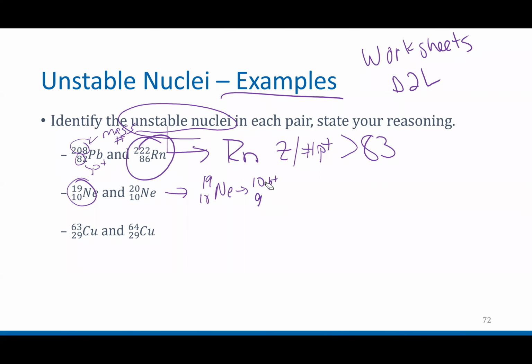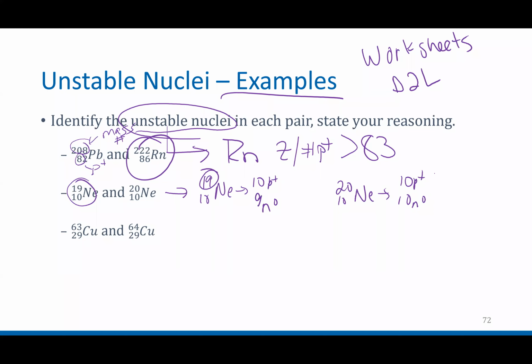Now, how did I know that? Well, 19 minus 10 is 9. The other chemical, in English, neon 20, has 10 protons and 10 neutrons.